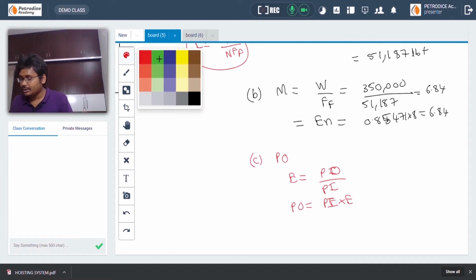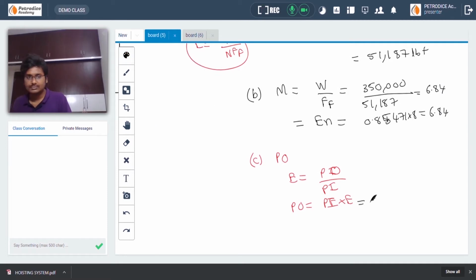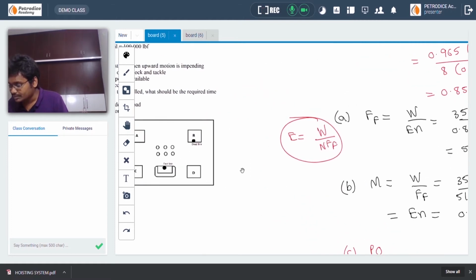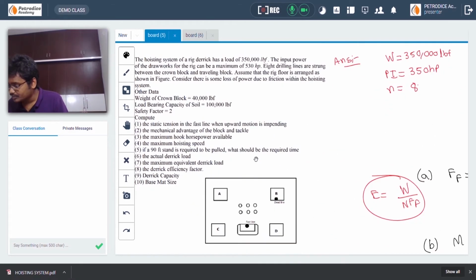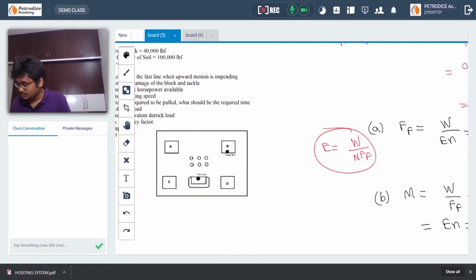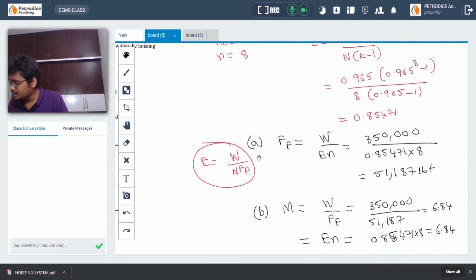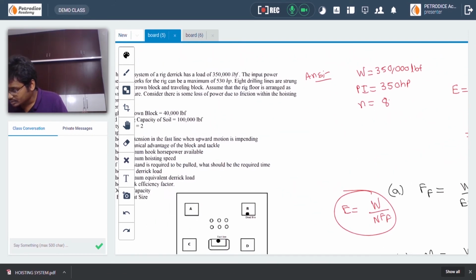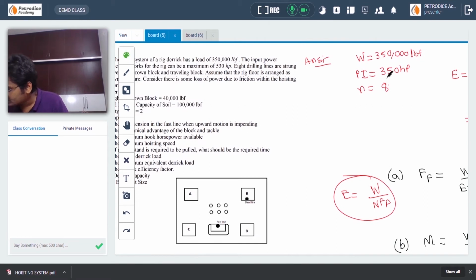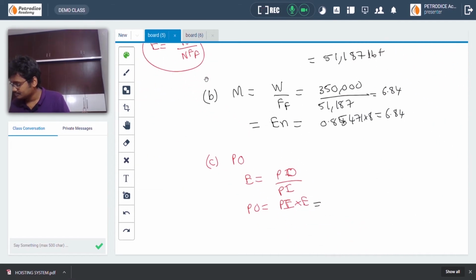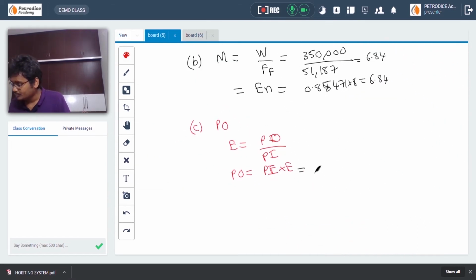Power input is 530 horsepower. Power input is 530, wait a minute, yes, 530 horsepower. 530 times the efficiency, which is the efficiency of the block and tackle system.